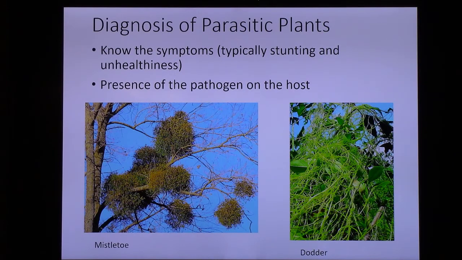Because as mistletoe takes root in the tree, it will send out feeder roots within that branch. And typically they're 8 to 12 inches long. So by cutting back about 12 inches towards the trunk, yeah, you're going to eliminate that branch, but that will also get rid of the mistletoe in that tree.